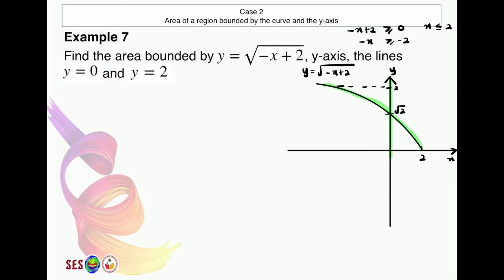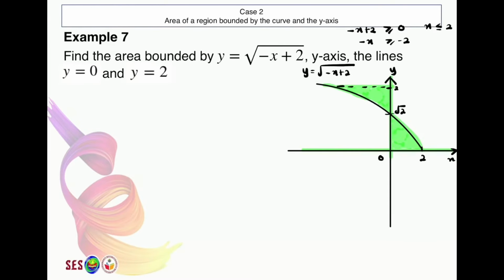This will be your y equals 0, and this will be your y equals 2. So look at your graph carefully. You can easily identify these two areas as the area bounded by the curve and also the other boundaries, because these two areas are the areas with their borders highlighted. So that's how we know that this is the area that we want to find.